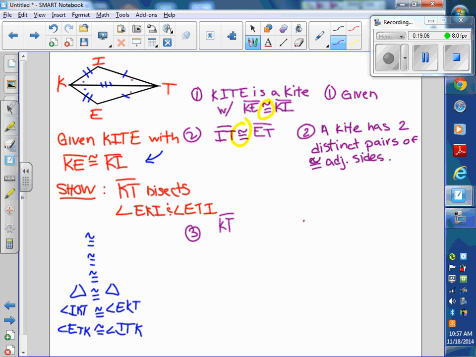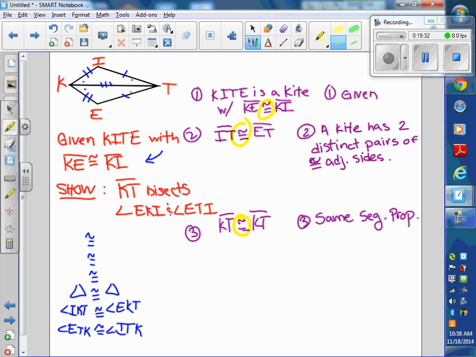KT congruent to KT. And that's the same segment property. So this is an easier proof. Sometimes when it's longer, I don't do the reasons until the end. I just get all my statements, but this is easy enough to go step by step.